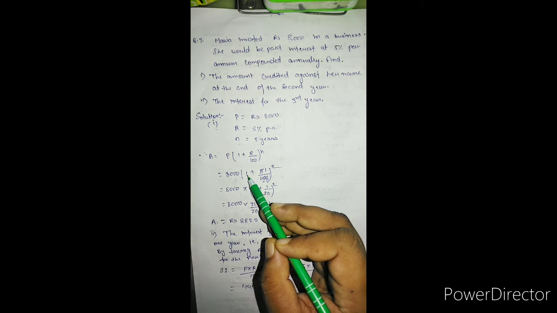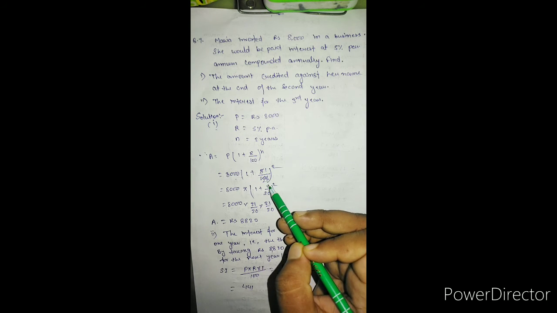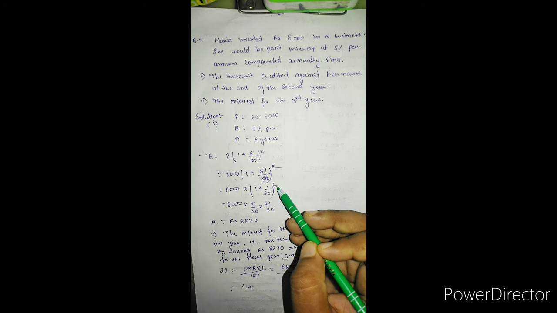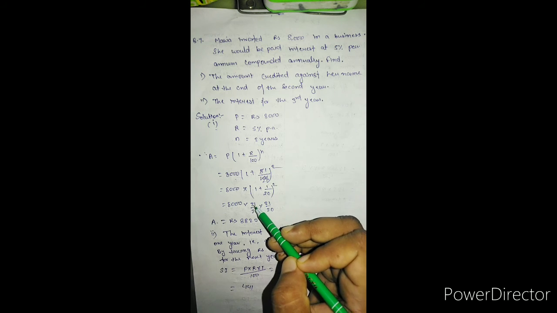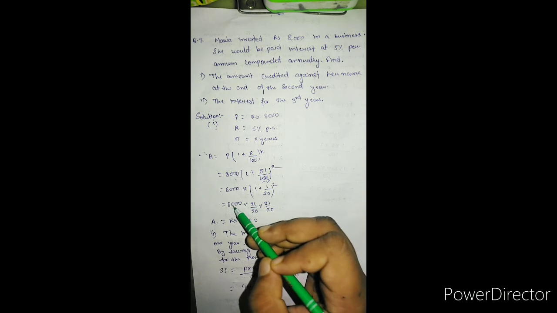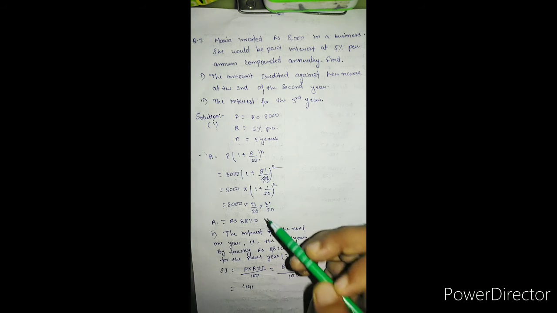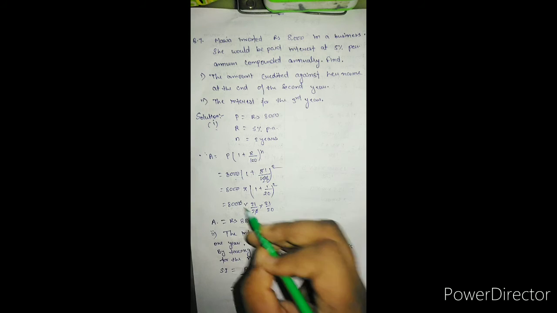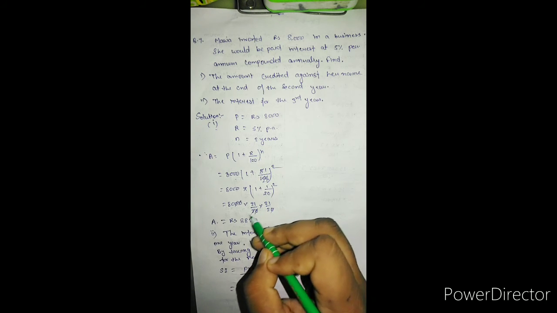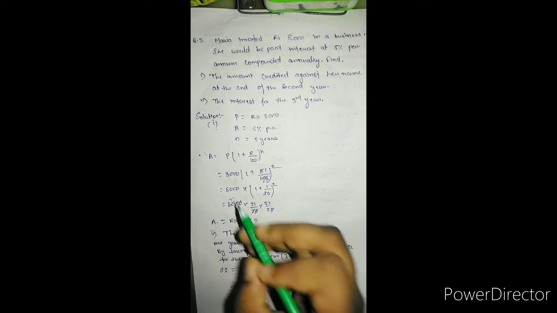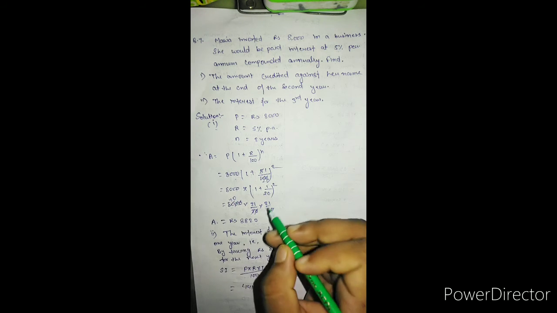So when we add 1 plus 1 by 20, we will get 21 by 20, and here is square, so we have to write it 2 times, 8,000 into 21 by 20 into 21 by 20. Now cancel the zeros, 2 into 4, now 40.